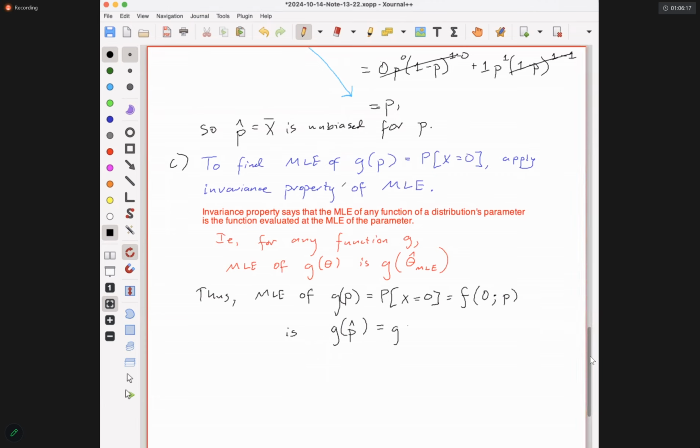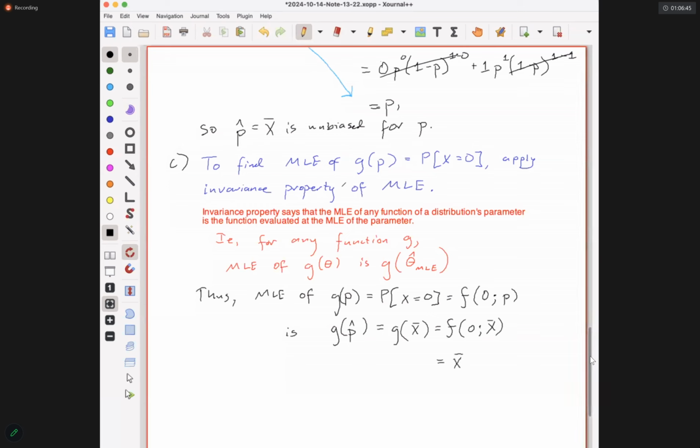And so g of p hat is g of x bar, which is f of 0 given that this is x bar. And our mass function is p to the x times 1 minus p to the 1 minus x.